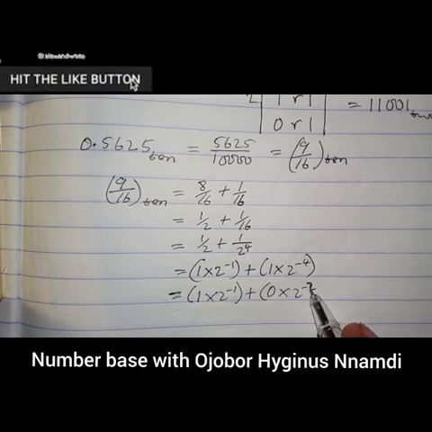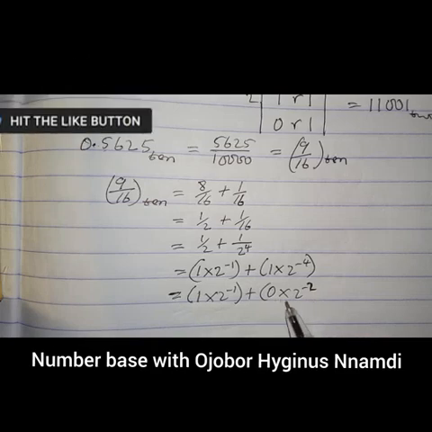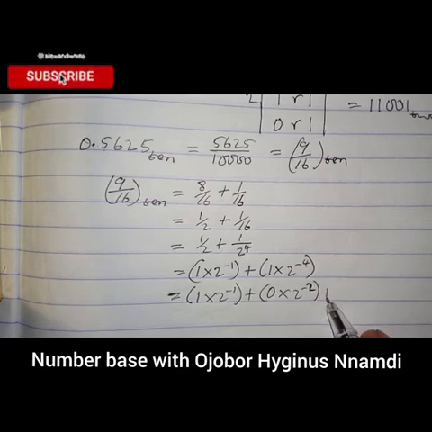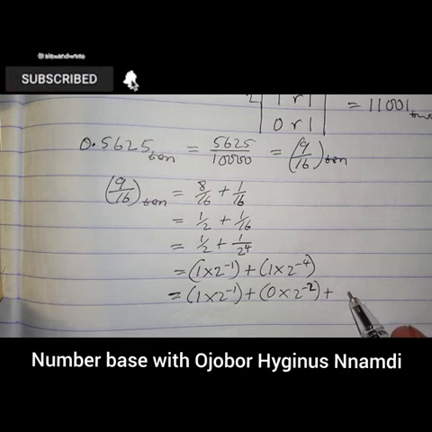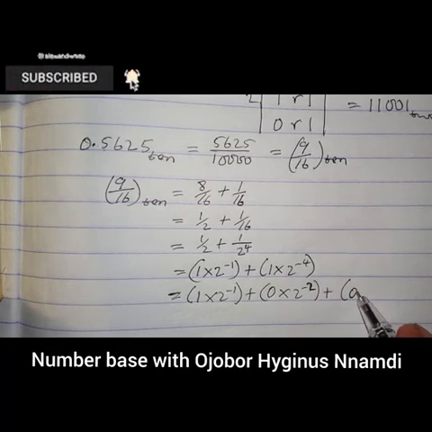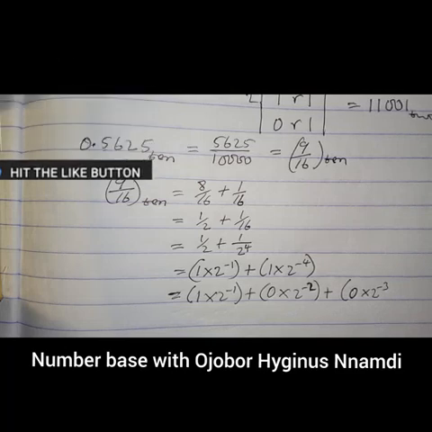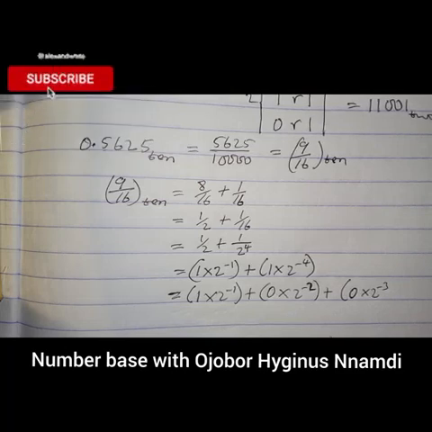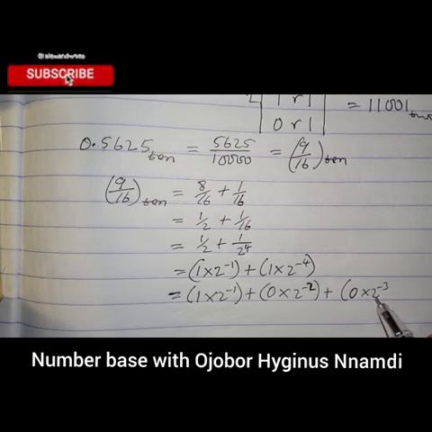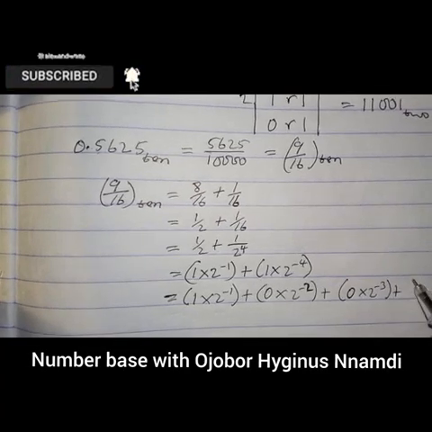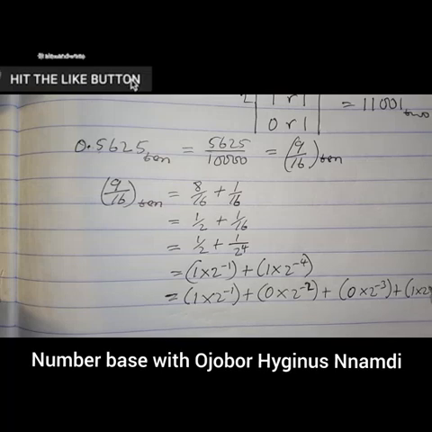So we've not actually introduced anything. So we'll do 0 times 2 raised to power minus 2. And since there is still no 2 raised to power minus 3, we'll do the same, 0 times 2 raised to power minus 3. So those ones that are not there that you have to introduce, you just multiply by 0. That is just a simple way to do that. Then we'll now write the final one, 1 times 2 raised to power minus 4.